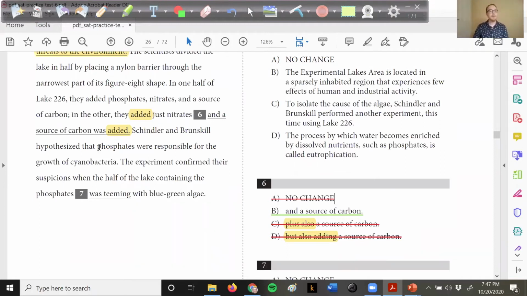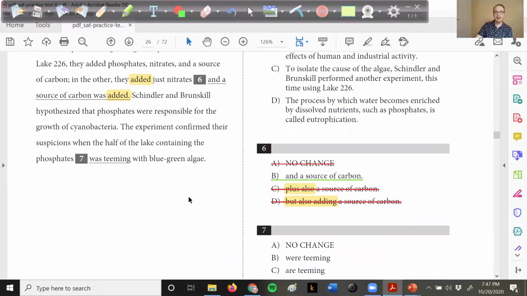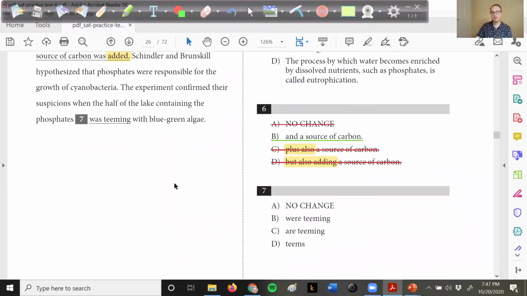Schindler and Brunskill hypothesized that phosphates were responsible for the growth of cyanobacteria. The experiment confirmed their suspicions when the half of the lake containing the phosphates was teeming with blue-green algae. So what are we being tested on? Question number 7, our options are either no change, were teeming, are teeming, and teems.